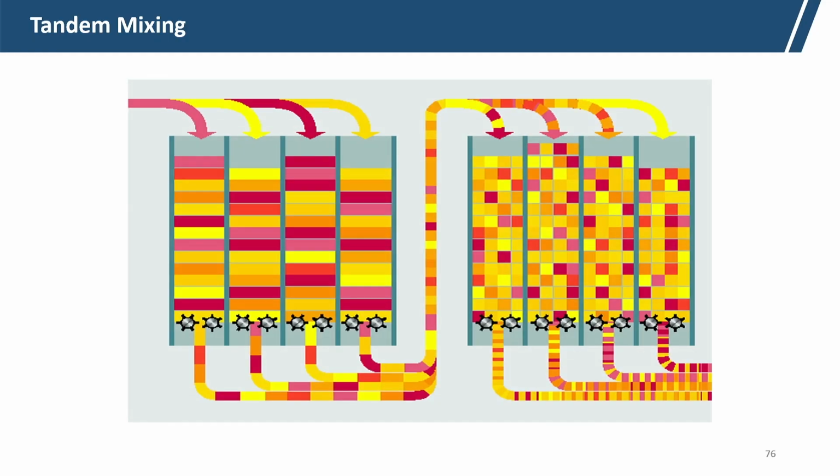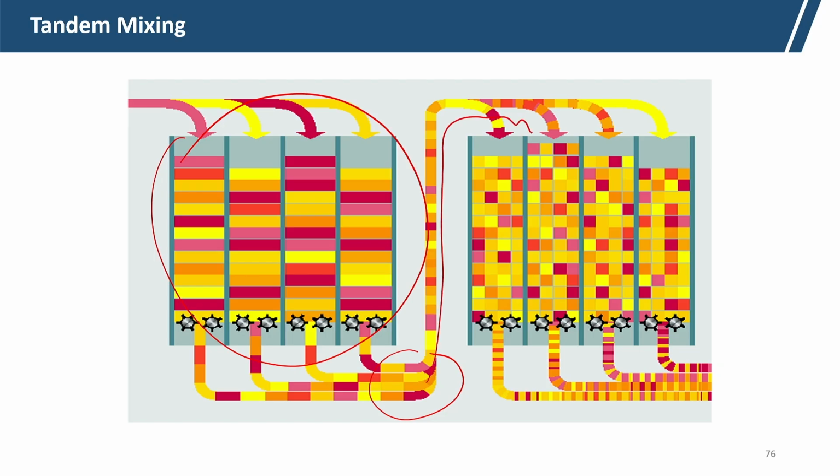There is a system which is called tandem mixing. Instead of only one set of chambers, the output of the first set of blending process is fed again to a second process.